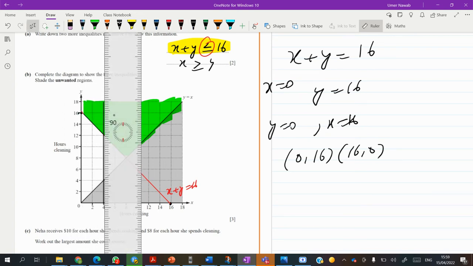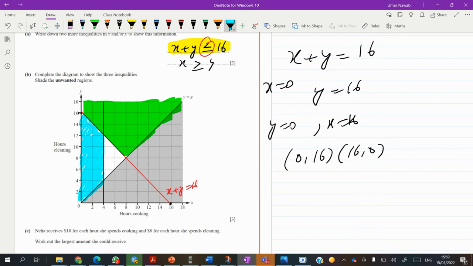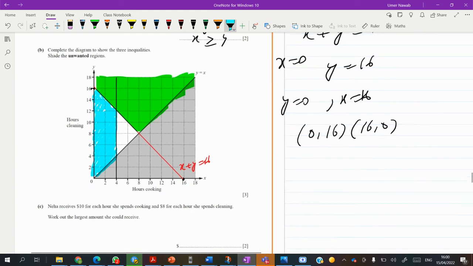I'm going to shade the unwanted portion. So the unwanted portion is also shaded, boys. So this triangle, which is seen in between the shaded portions, is the required region.